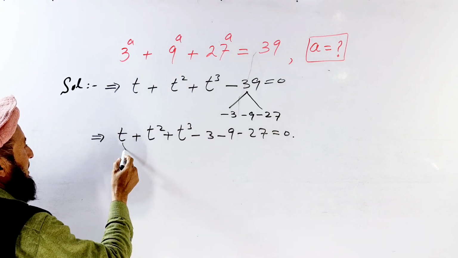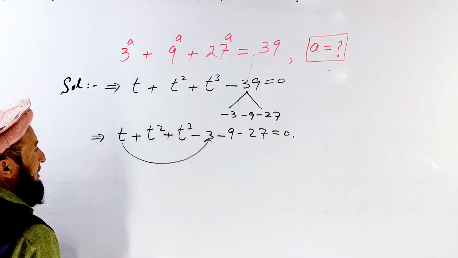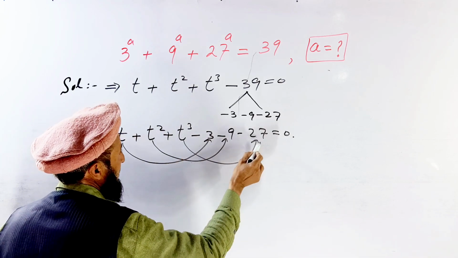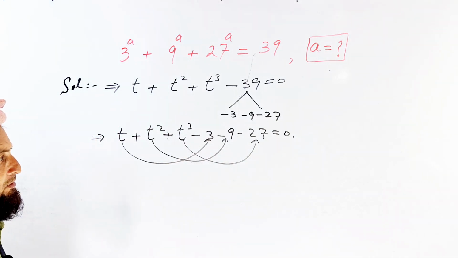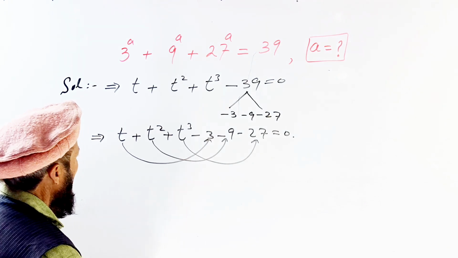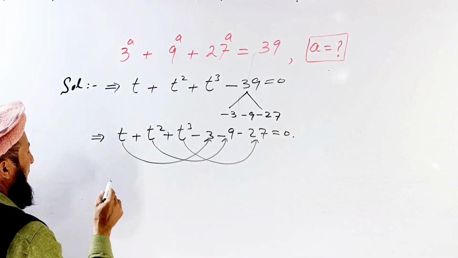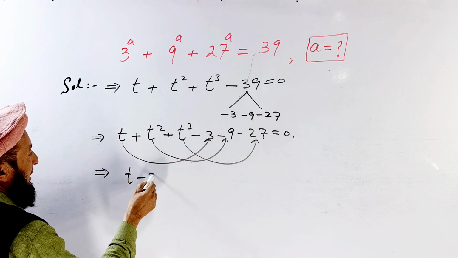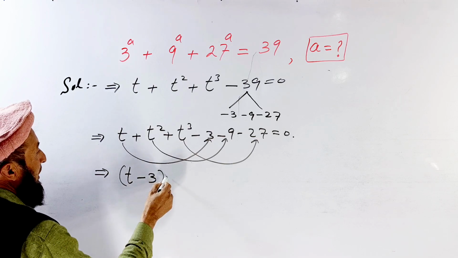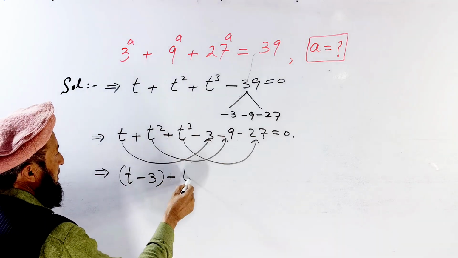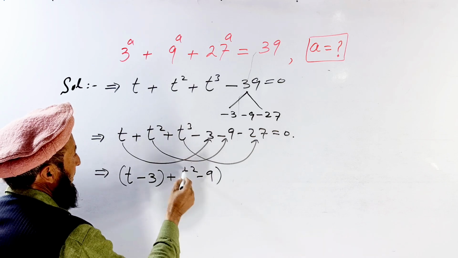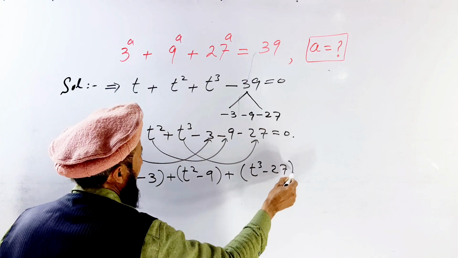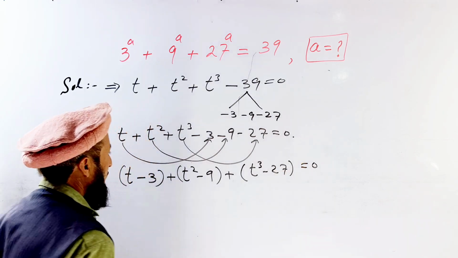We pair the first term with minus 3, the second with minus 9 and the third with minus 27. T cube is paired with minus 27. So we rearrange the terms: t minus 3, plus t square minus 9, plus t cube minus 27, all equal to 0.